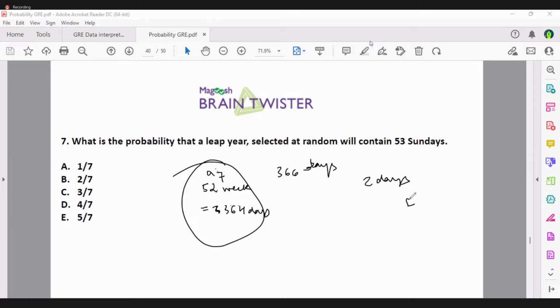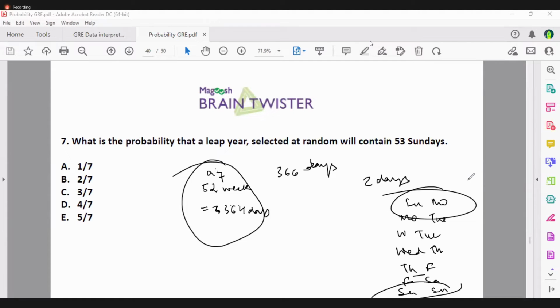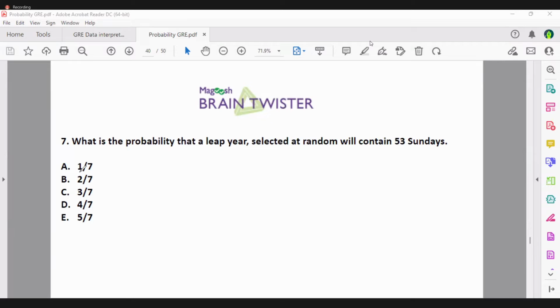These 2 days can be Sunday-Monday, Monday-Tuesday, Tuesday-Wednesday, Wednesday-Thursday, Thursday-Friday, Friday-Saturday, and then Saturday-Sunday. So Saturday-Sunday is one possibility, Sunday-Monday is another possibility. Out of 7 total possibilities, 2 are the favorable ones. So 2 by 7 would be the answer.